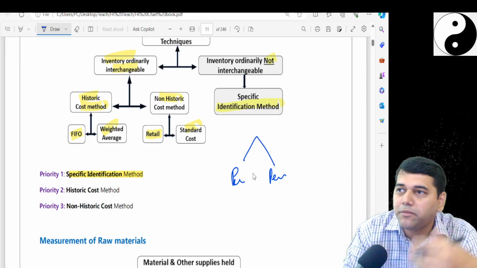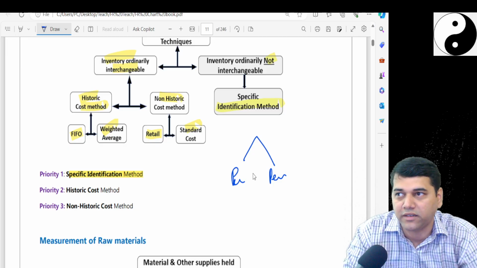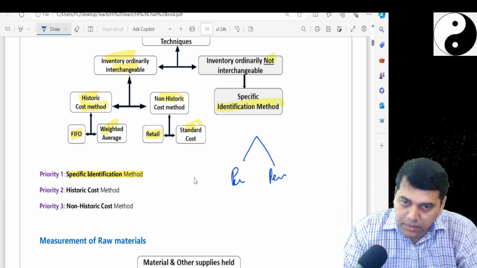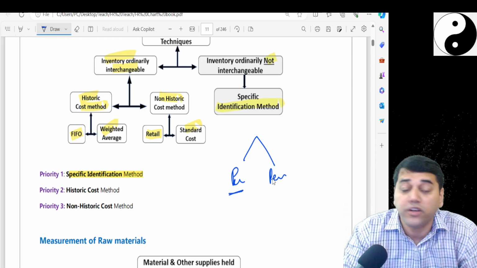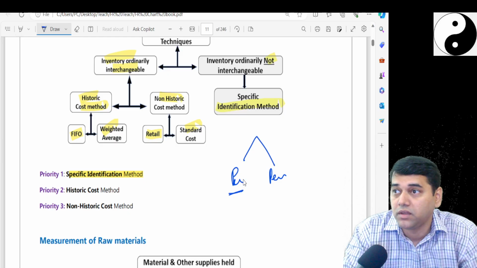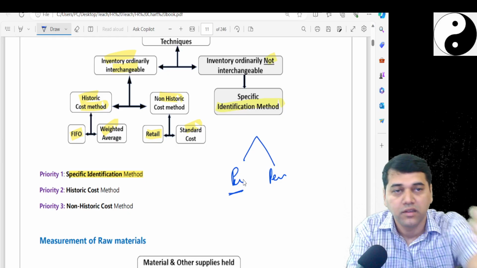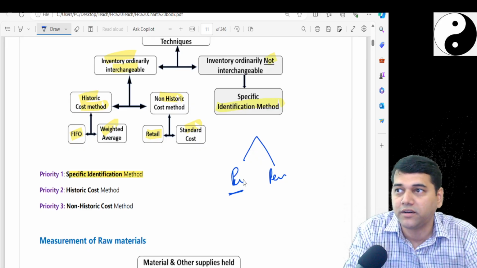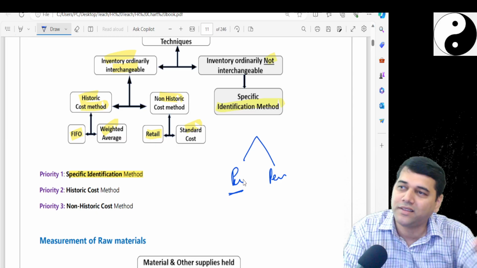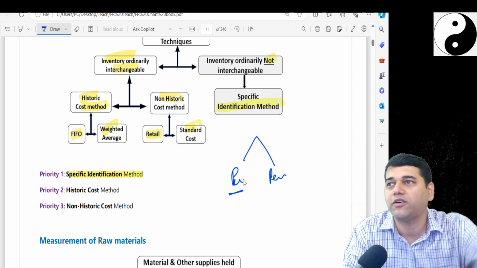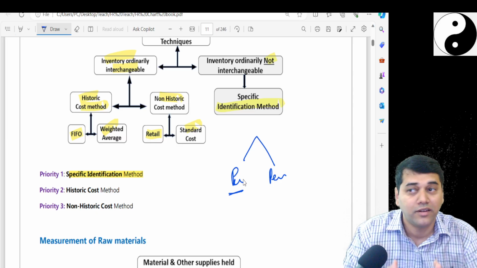This is the methodology, it is your business practice. It is perpetual, not periodic. Perpetual means the moment an issue happens, I make an entry, and the moment a receipt happens, it makes an entry. Reorder level and all those things are a different thing. It's the method of maintaining inventory.